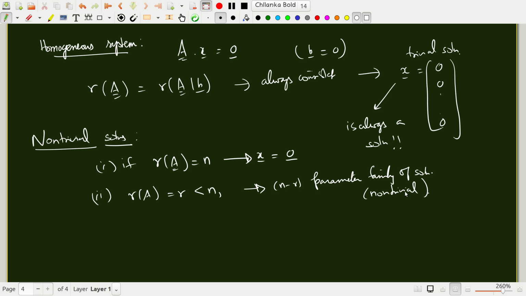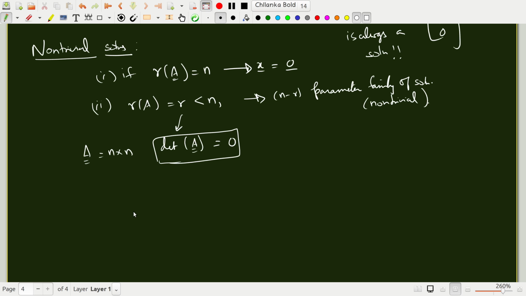So when r is less than n, this means that the determinant of A is equal to 0 if A is n by n. If A is an n by n square matrix, then the rank of the matrix being less than the order of the matrix implies that the columns are linearly dependent, so the determinant of the matrix should be 0.